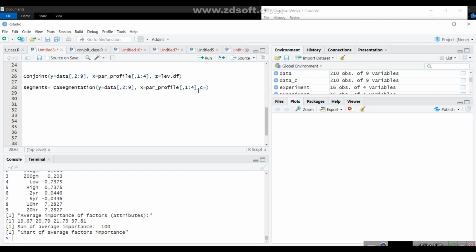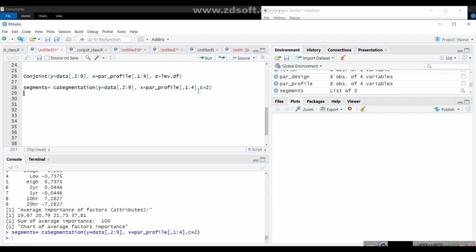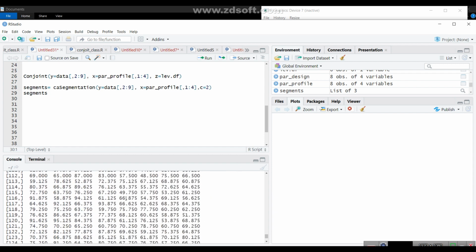This caSegmentation function uses the k-means clustering method. So let's say I'm looking for 2 clusters. Okay, it's done.